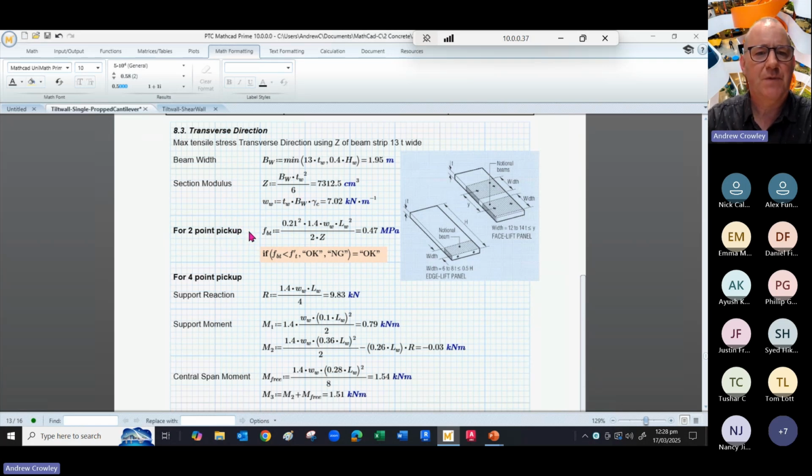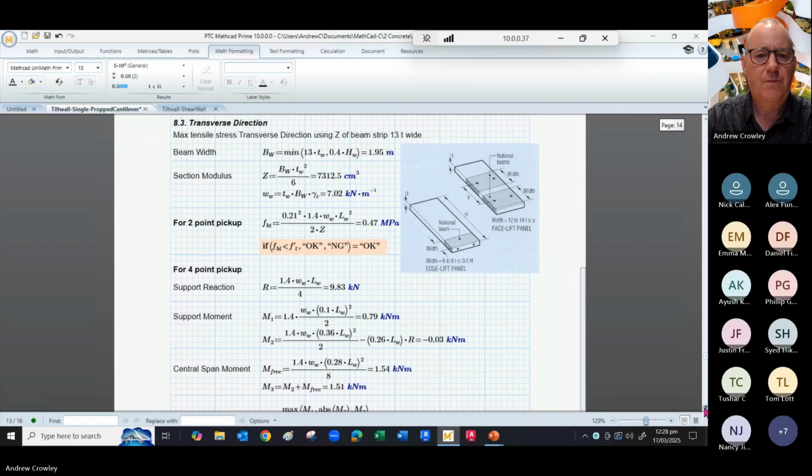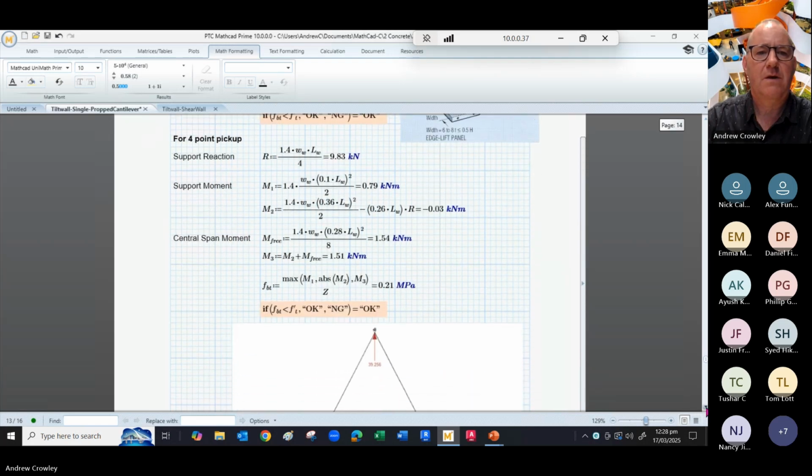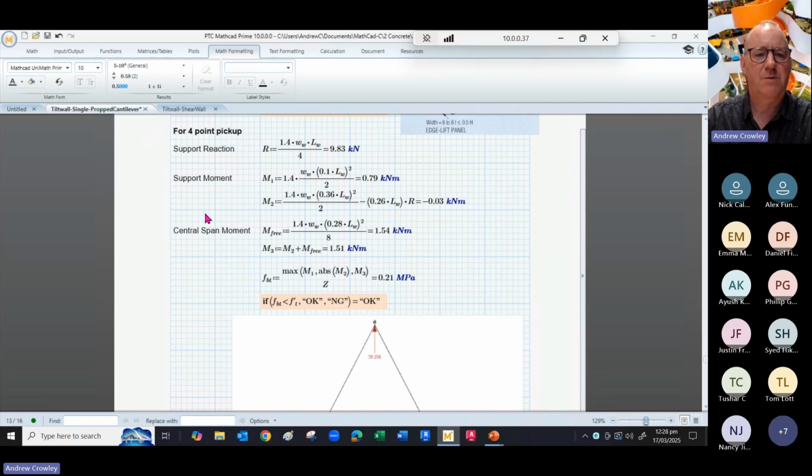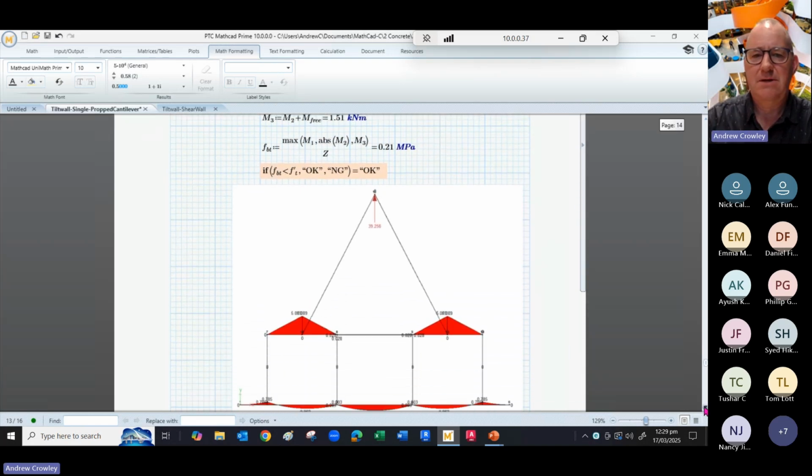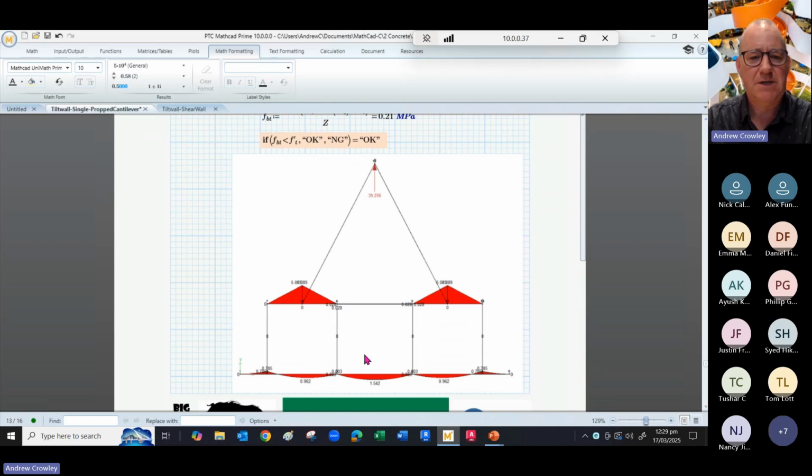For a 2-point pickup, we can work out what the tensile strength is, and now we look at a 4-point pickup, and work out what the support moments and the central span moments are in those cases. And just to show you a little diagram of the bending moment diagrams going on here. This is basically our continuous beam. This is our tilt slab being picked up on a lifting beam and on a crane.